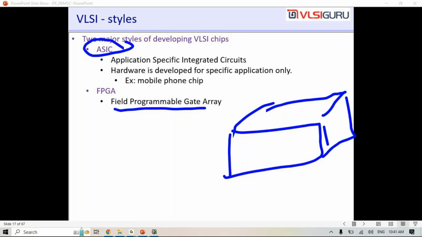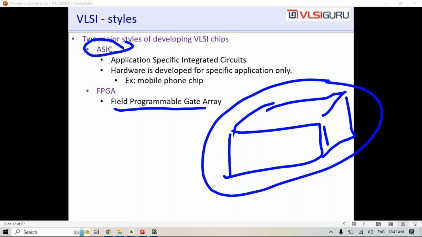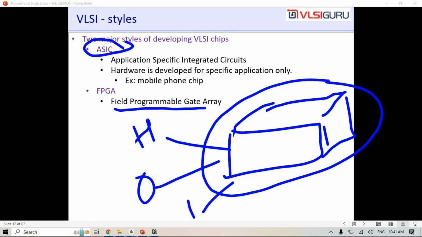You cannot change it into a college or anything. It will be a house only. Whereas this container, what I am talking about, can be used as a house, can be used as an office, can also be modeled to work like an institute. Whatever you want, you can model it. But as I said earlier, which one would you prefer? ASIC only. Let's now discuss what are the advantages.